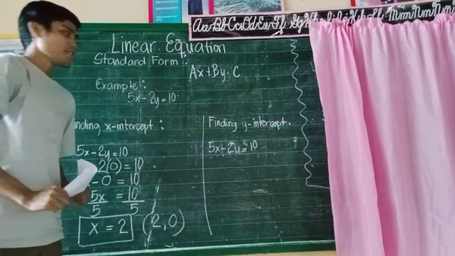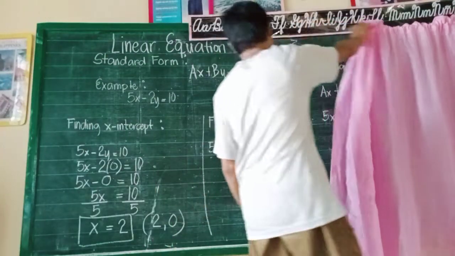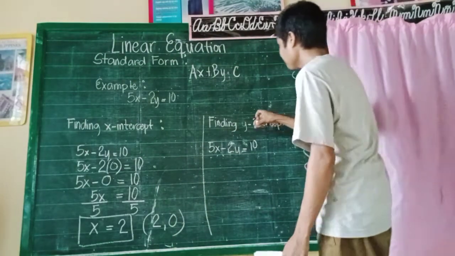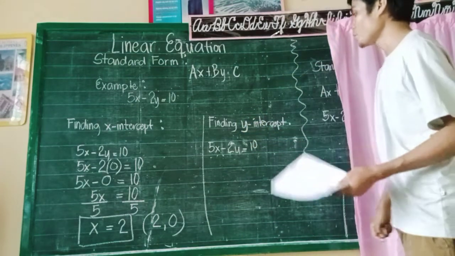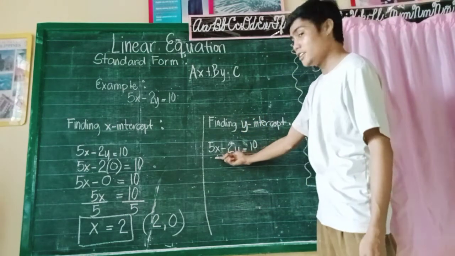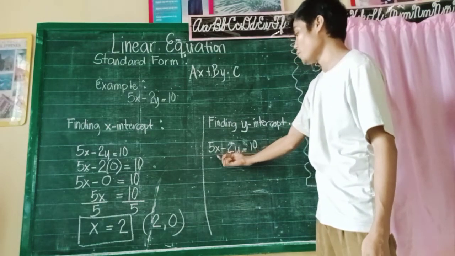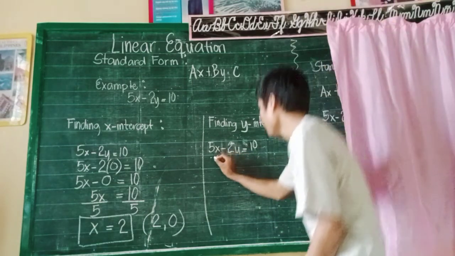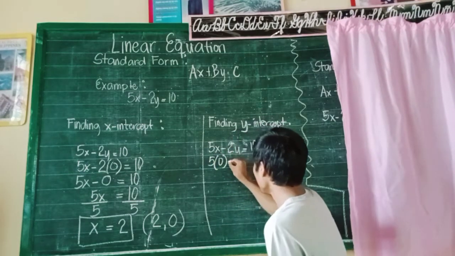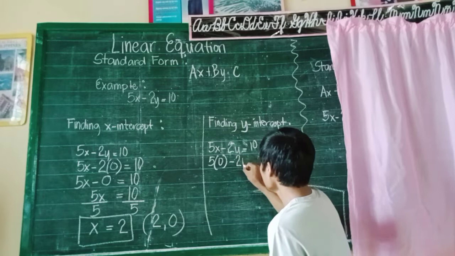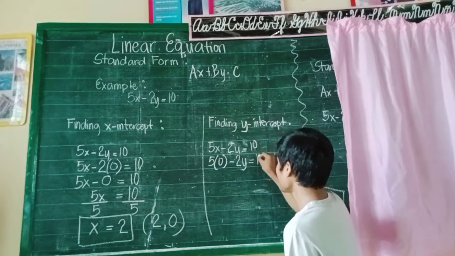So next we would have to find the y-intercept. In this case, we would set the value of x to 0. So we have 5 times 0 minus 2y is equal to 10.